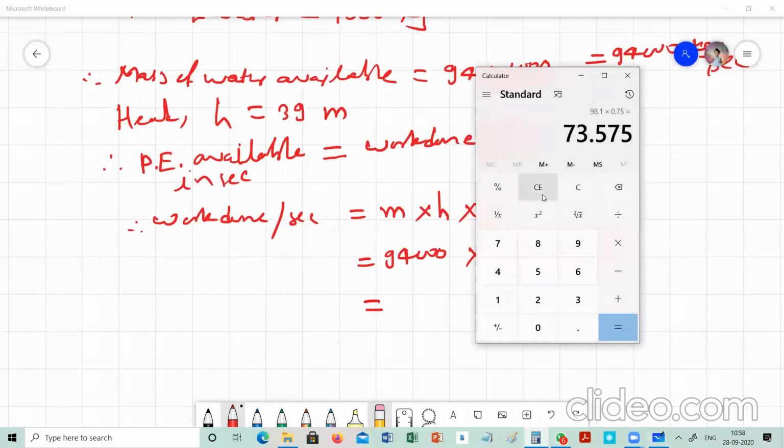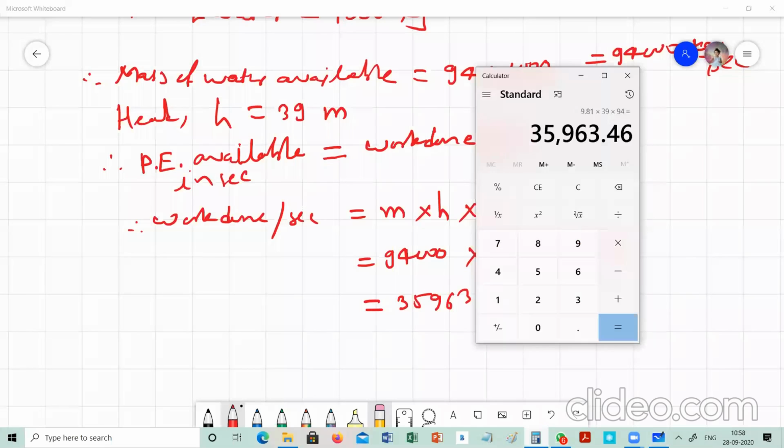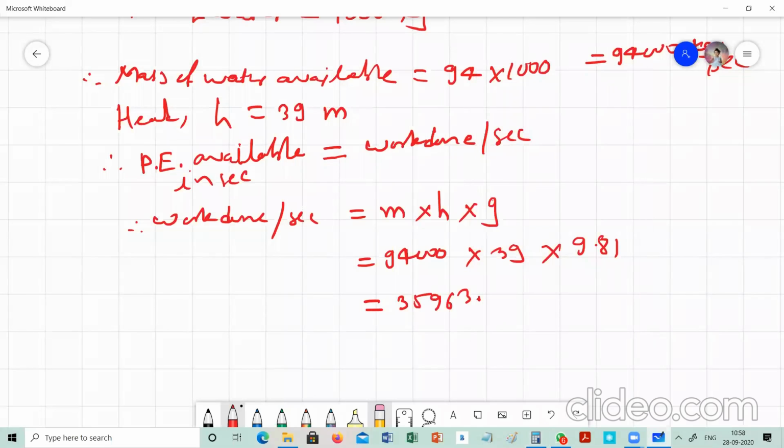9.81 into 39 into 94,000, it is equal to 35,963.46 into 10 raised to 3.